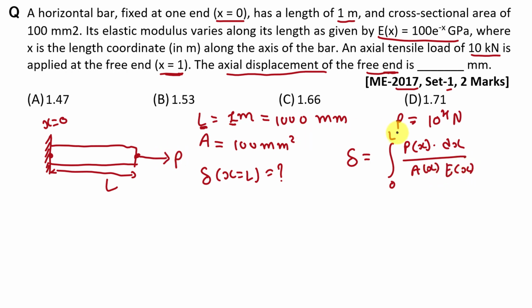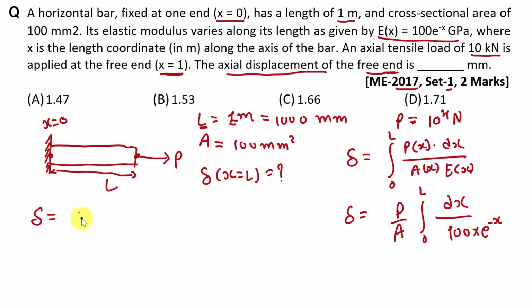Now here the value of load and area is constant, so delta is equal to P divided by A integration 0 to L dx divided by E of x, and here this E of x is given as 100 into e raised to minus x. Now here this 100 is constant. So we can say that delta is equal to P divided by 100A and integration from 0 to L.